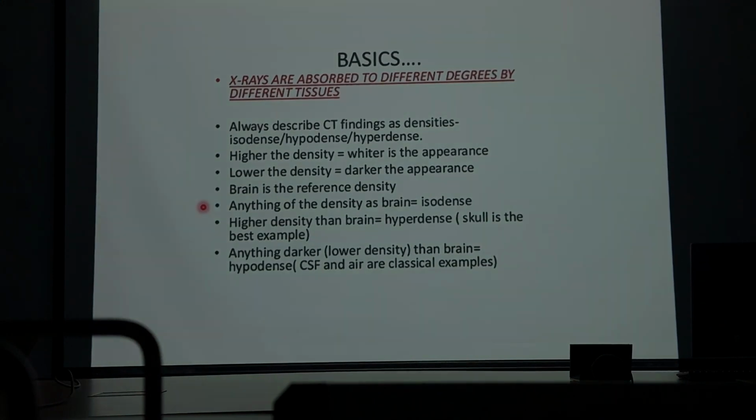Anything of density equal to the brain is called isodense. Higher density is hyperdense, an example is the skull bone. Anything darker is hypodense, like CSF, and here are the classical examples.